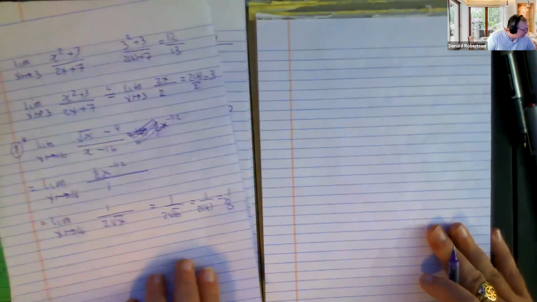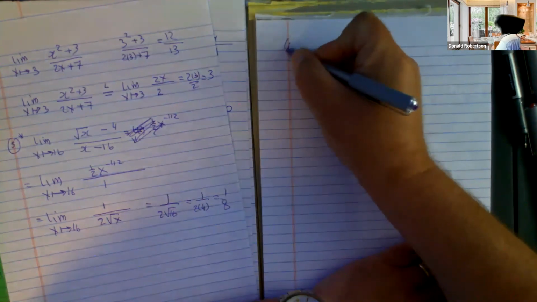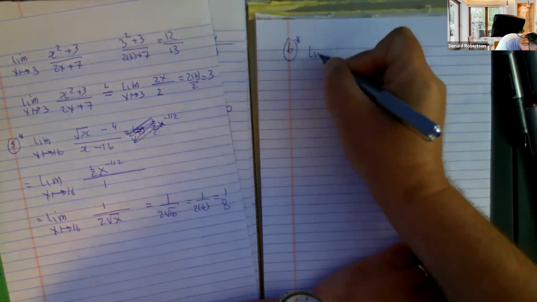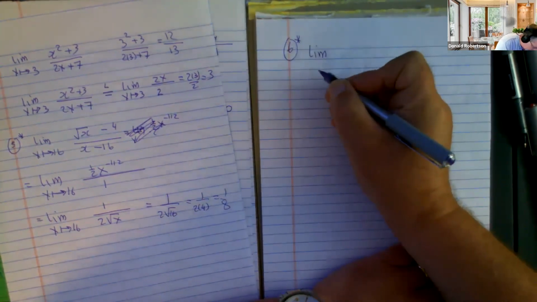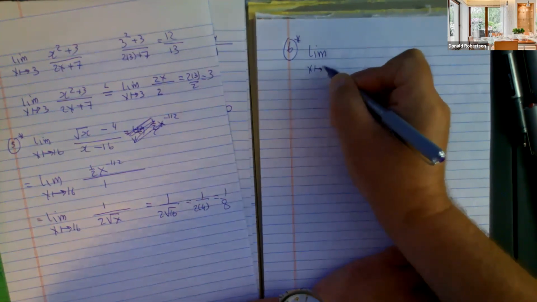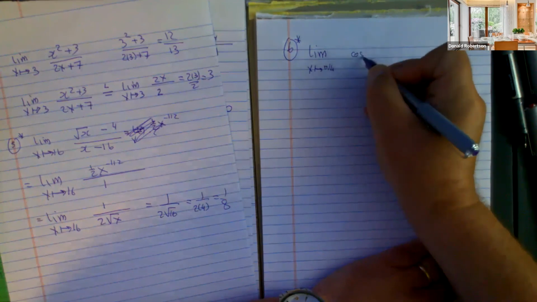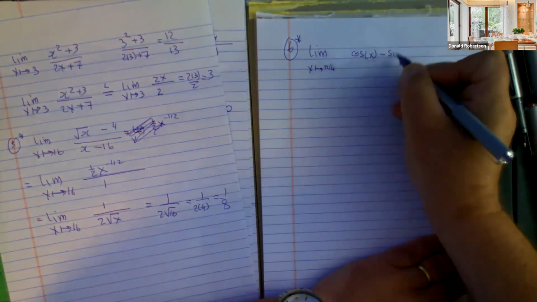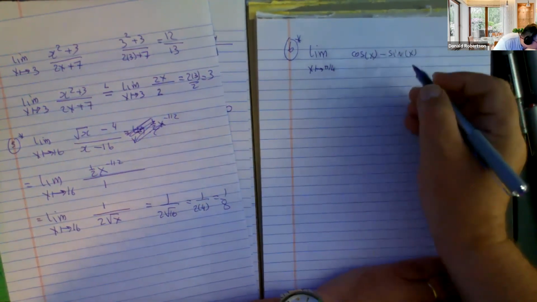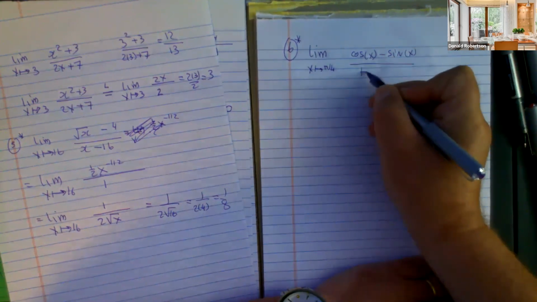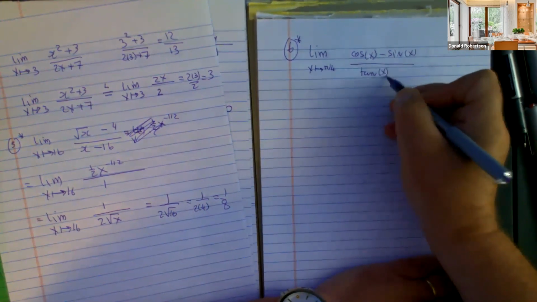Let's do our friend trig. Oh, last question for today. I want to find the limit as x tends to pi upon 4 of cosine x take away sine x all over tan x take away 1.